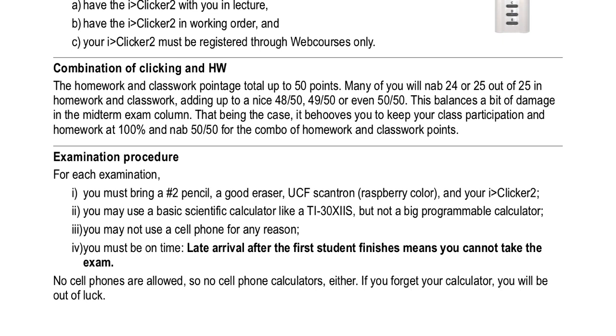You may not use a cell phone for any reason. Okay, so if you don't have this, you're SOL. Now, if we have any trig to do, you're really SOL. And we're going to have trig. You just bet on it. All right, so you just got to get one of these. And we'll be using it in class too, so just bring it to class every day. You'll be all right.